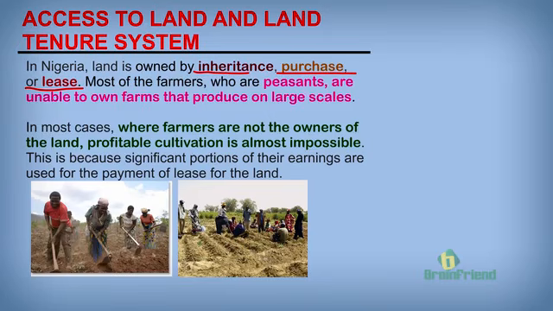Also, in most cases where farmers are not the owners of the land, profitable cultivation is almost impossible. This is because the farmers spend significant portions of their earnings in payment for lease.